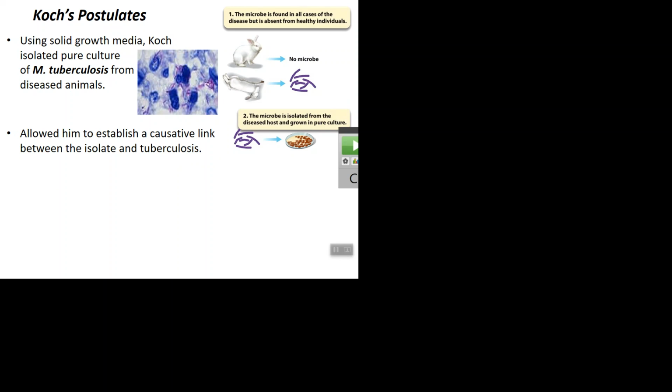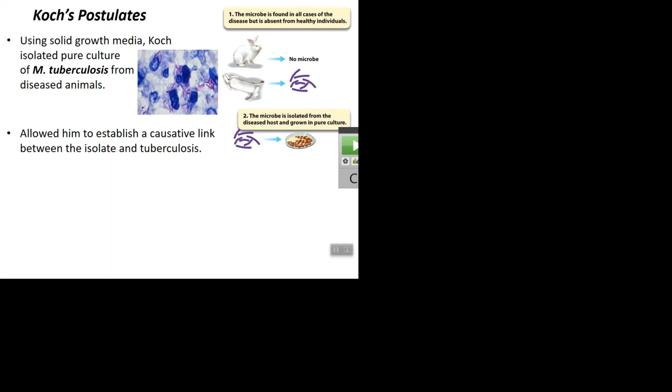Is a particular microbe causing the disease? It's based, of course, on having an animal model to do this. And you find that in all cases of disease the microbe is found, and it is not found in healthy individuals. But we know there's an exception to that, because that can happen. Okay? But regardless, we do isolate that pathogen.